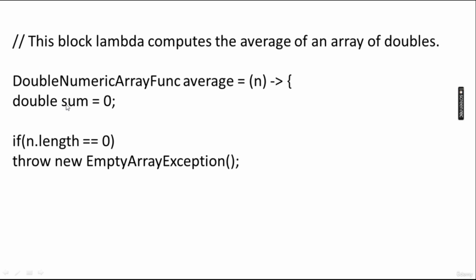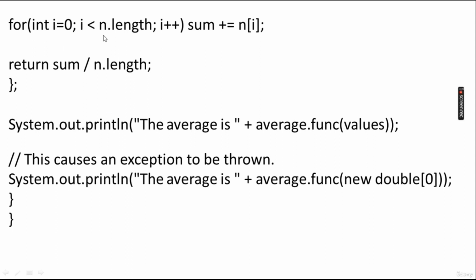Okay, so double numeric array function average is equal to sum is equal to 0, and if n is not equal to 0, then the sum will be added. All the numbers provided in the array will be added and divided by n dot length. Okay, the average is average dot function of value.